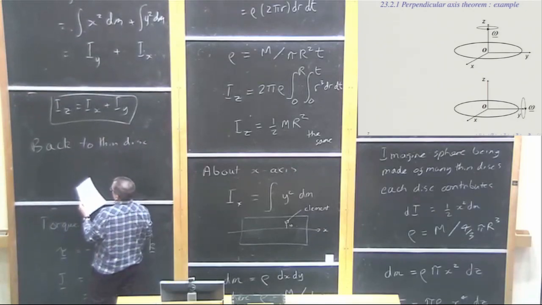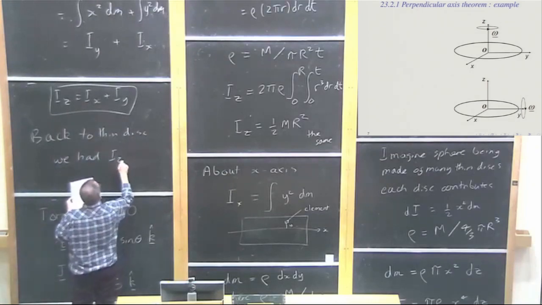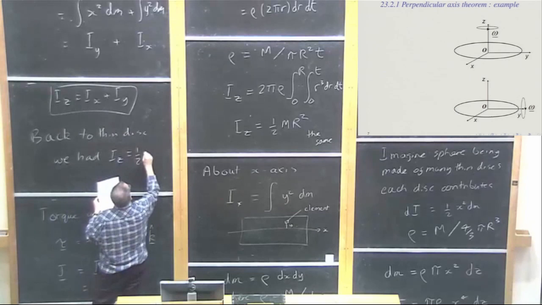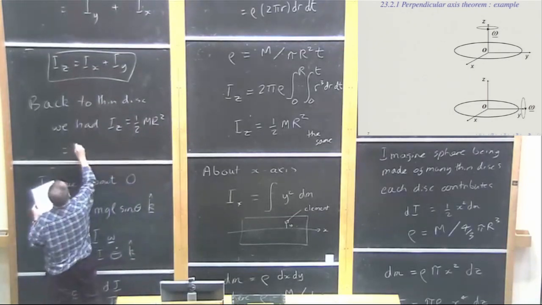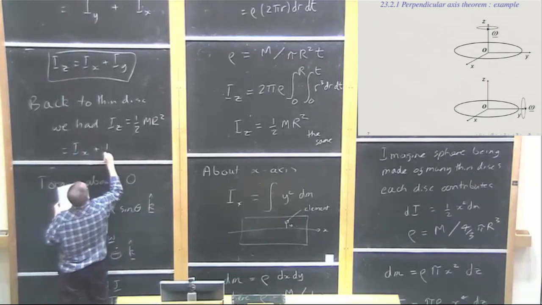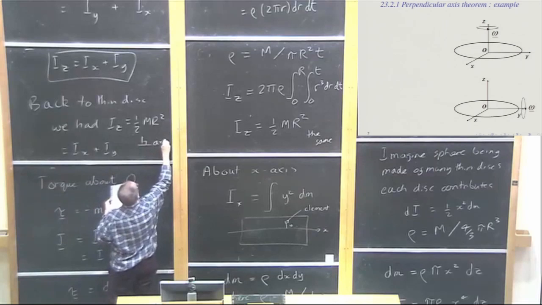We had Iz is a half m r squared, but this is equal to Ix plus Iy, thanks to the perpendicular axis theorem.